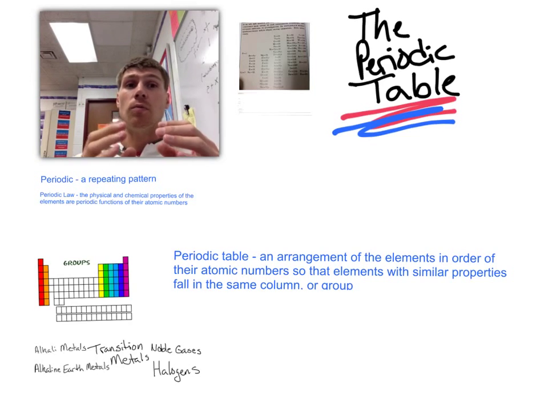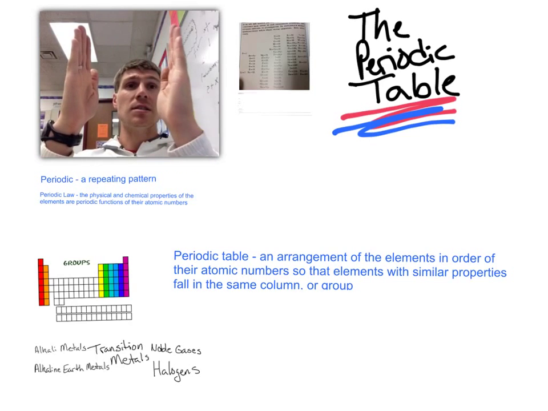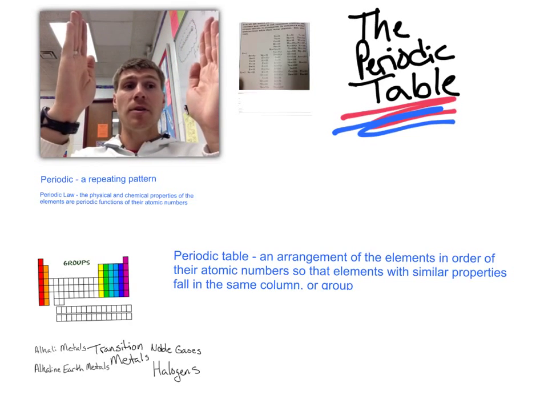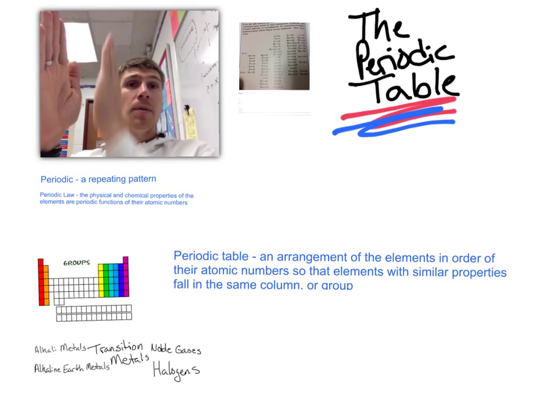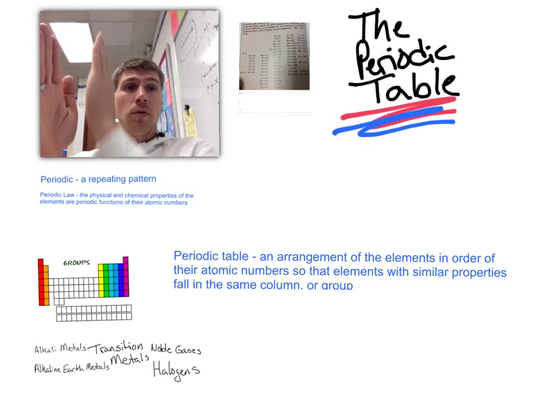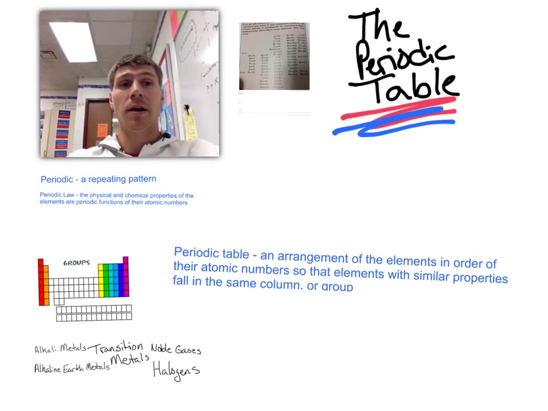And then we still had this idea that, well, even if our atomic numbers get bigger, we're eventually going to see that a pattern repeats itself in its properties and characteristics, so we have to start a new row. And that means that everything going up and down in a group or a column, okay, is going to have similar properties. So that's really kind of where we got to this idea of our periodic table.